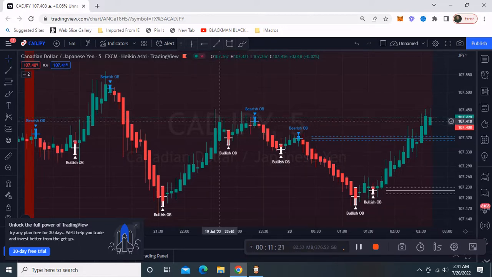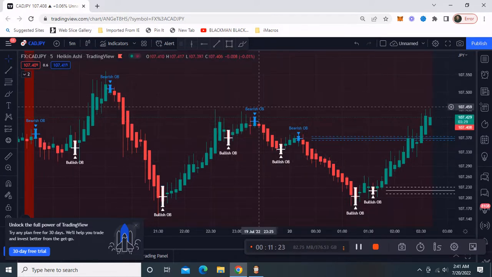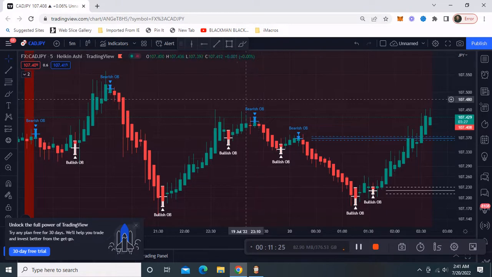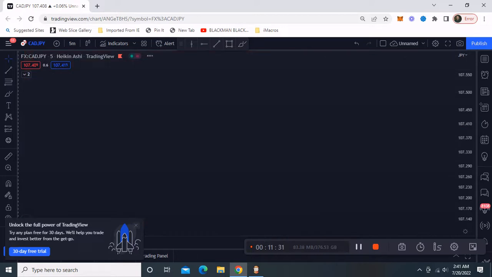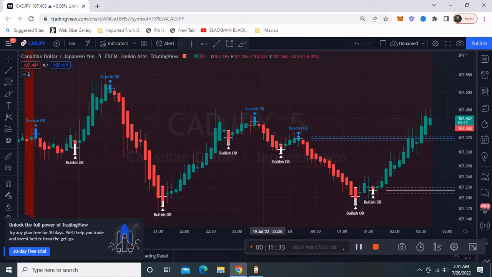Now when it comes up to a rectangular box that you would have put here, it's going to do a couple of things. It'll either go back down, or it will continue up. You'll begin to understand that move once you look at it long enough and practice in your demo.